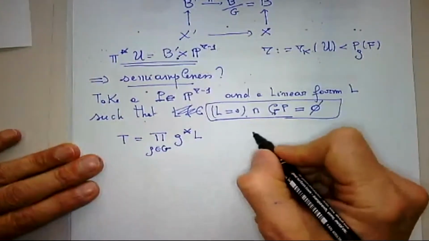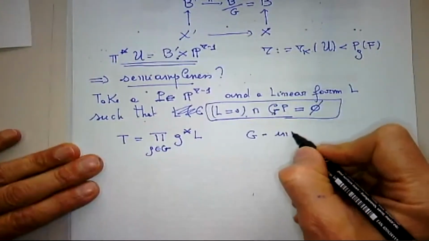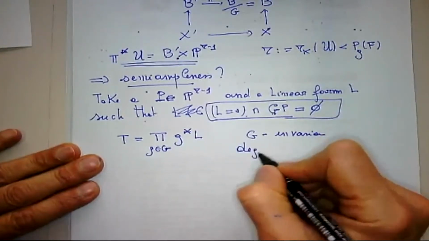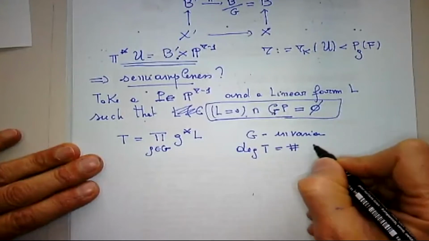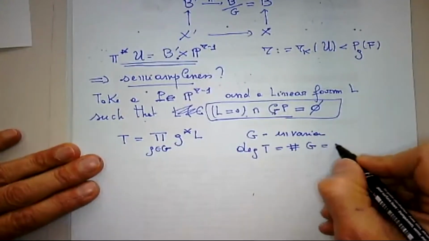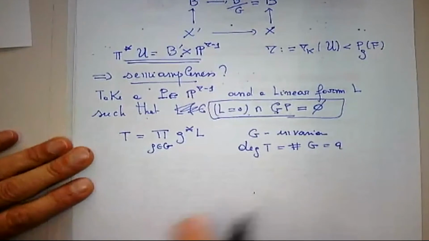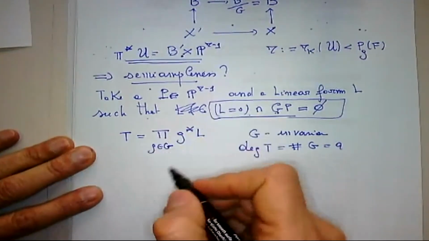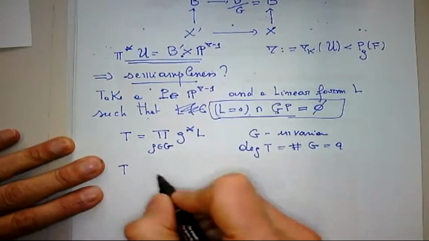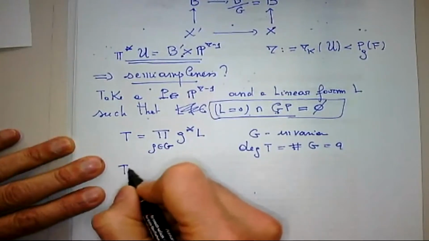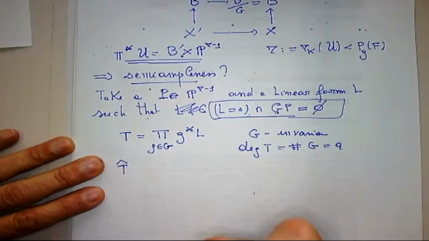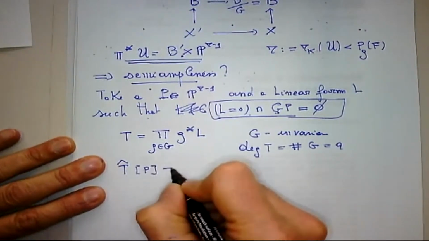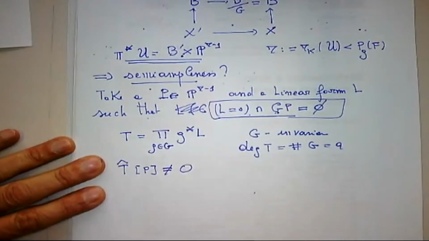Clearly, this is G invariant, and the degree of T is equal to the cardinality of the group G. It is G invariant, so it passes to the quotient, and what happened? It happened that T hat, the same form at the quotient of P, is different from 0.